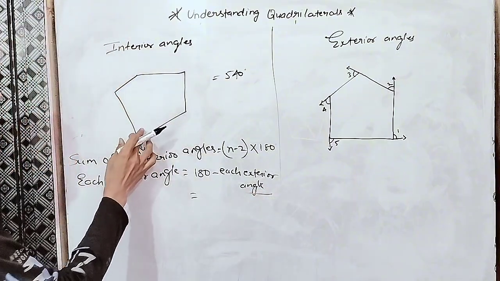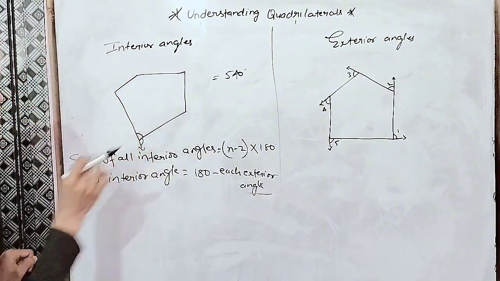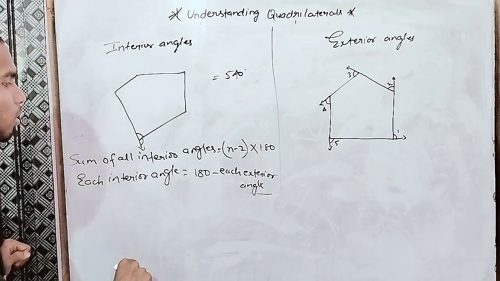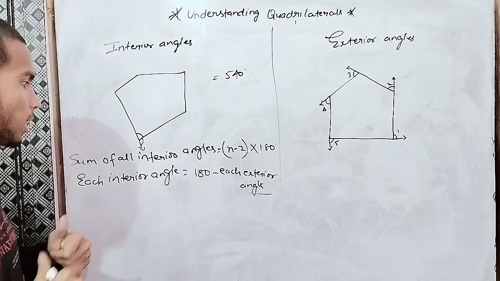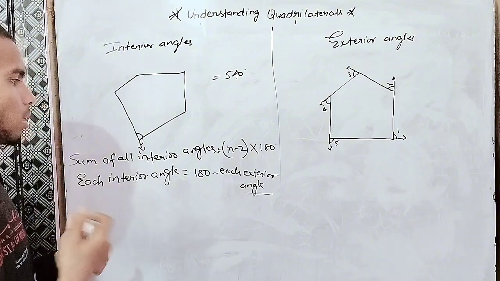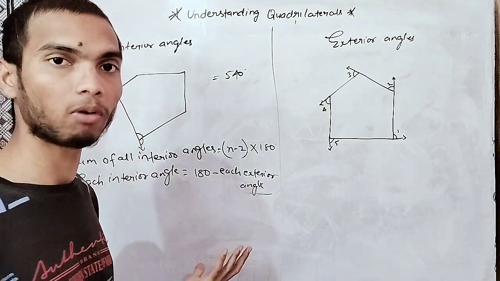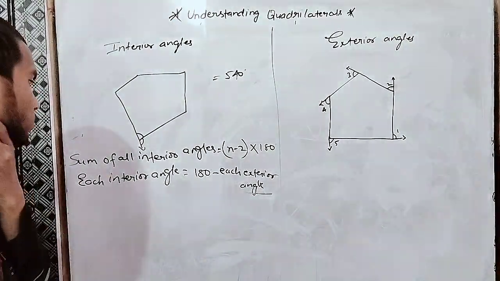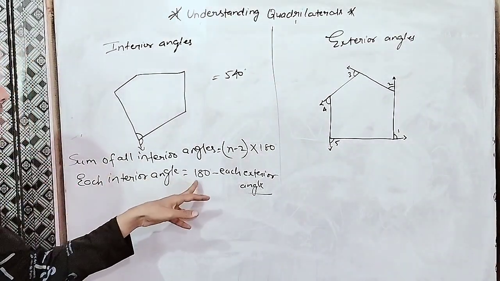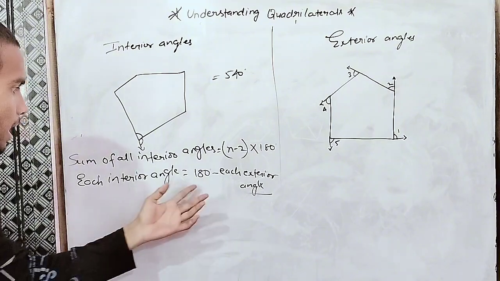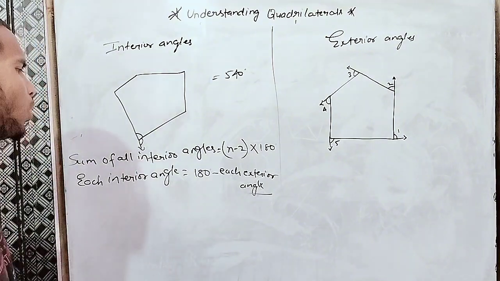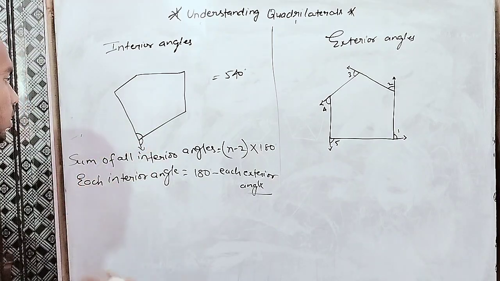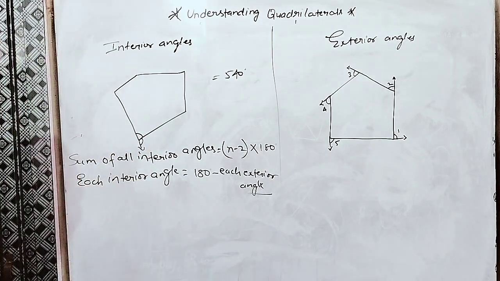Then we will get the measure of this angle. So we will subtract the value of each interior angle from 180 degrees. This is how we can find the value of each interior angle. Okay, and this is also said to be a linear pair. Through another method we can find the value of this by applying the linear pair method.